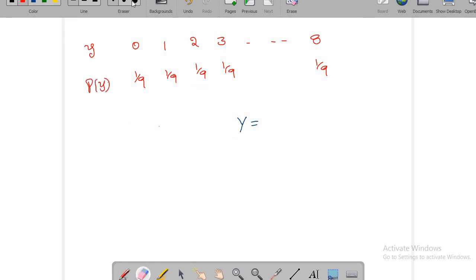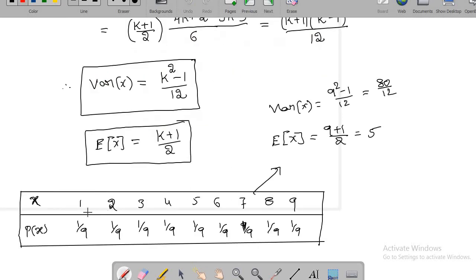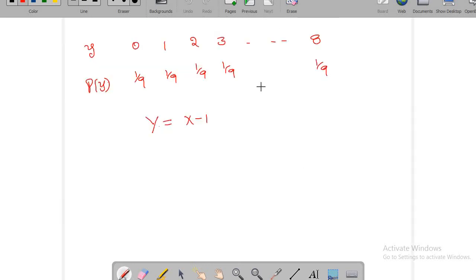If you see the relation between the previous random variable and this one, y is exactly equal to x minus 1. When x is 1, y takes the value 0. When x is 2, it takes 1. When x is 9, it takes 8, that is 9 minus 1. There is no change in the probabilities, they remain the same.